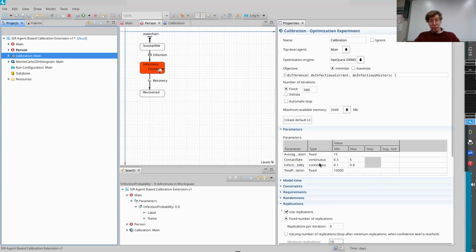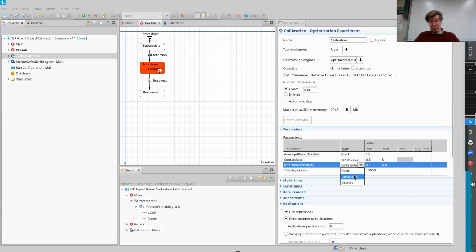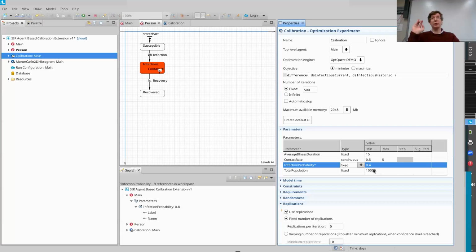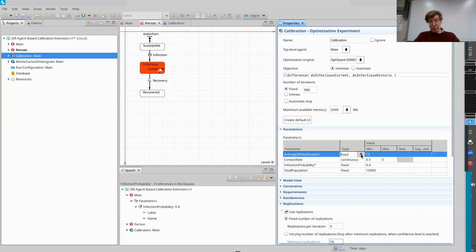And we are going to leave that varying, but change the infection probability to be fixed. We're only going to have, because those are multiplied by each other, there's no sense changing both of them separately. And instead, we're going to change this to continuous, average illness duration.